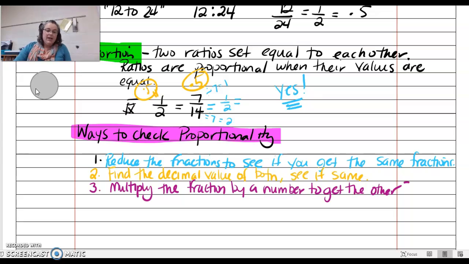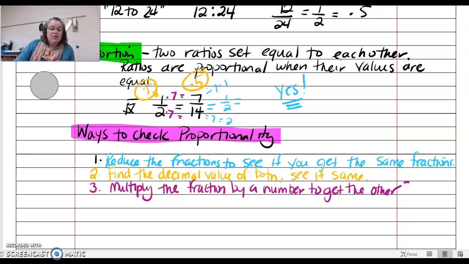So like if I were to take the 1 times the 7, I get 7, and then the 2 times the 7, I get 14. So I multiplied by 7 over 7, which gives me 7/14. This one is testing out to be proportional.